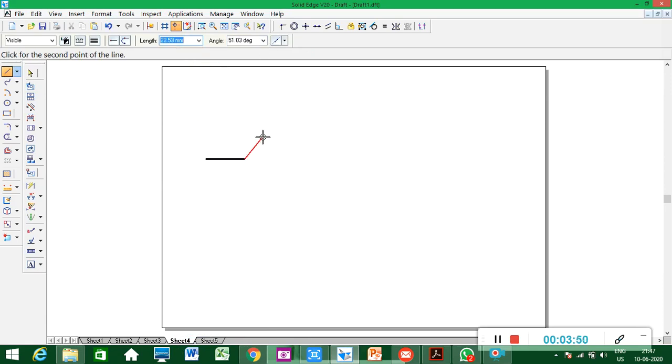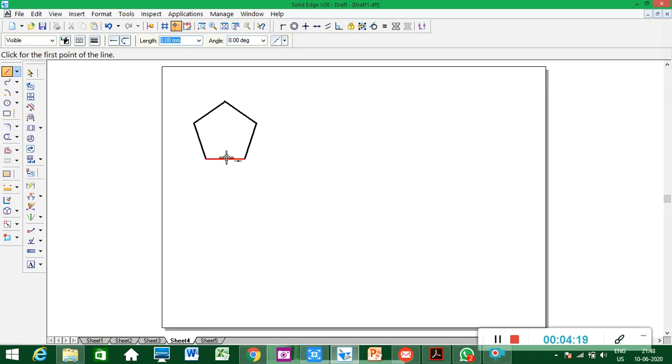Then again length 30 mm, angle 72. Again length 30 mm, angle 144. Length 30, angle minus 144. Then length 30, angle minus 72. So this is the method of drawing on the computer.